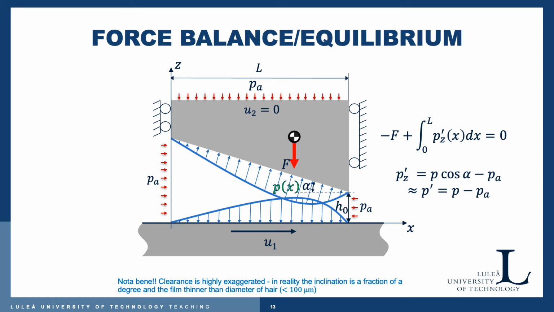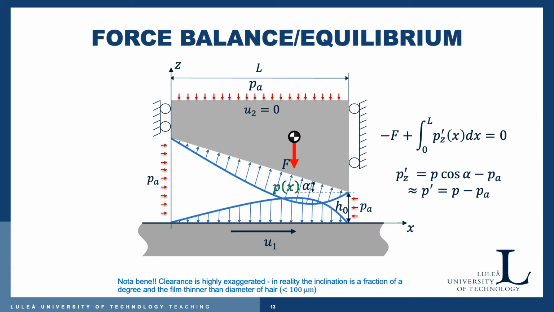Then the load carrying capacity is really a force equilibrium statement, saying that minus F, of course, because it acts in negative Z direction, must equal the pressure in the Z direction.